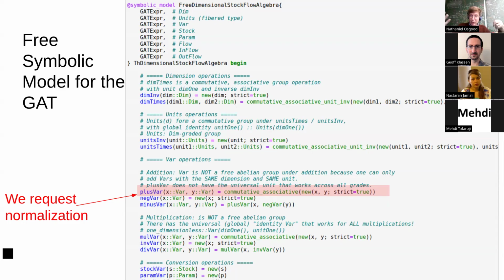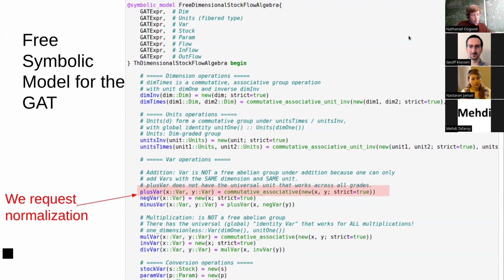And it's intelligent. It won't let you do something silly like add persons to persons per unit time. It'll say cannot do. That doesn't make sense. Those are incompatible. Right? But it will let you multiply persons times time, for example, but not add, right? So this is what we have to do.